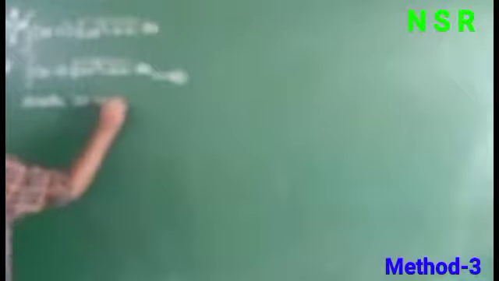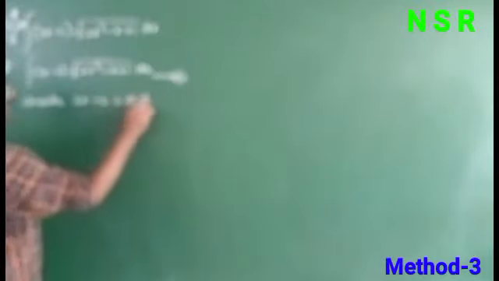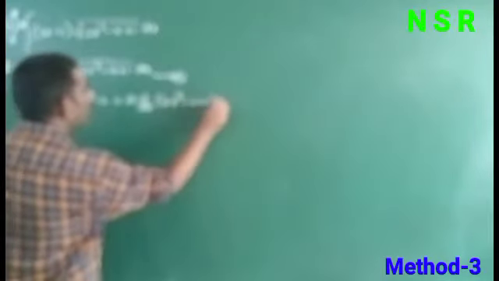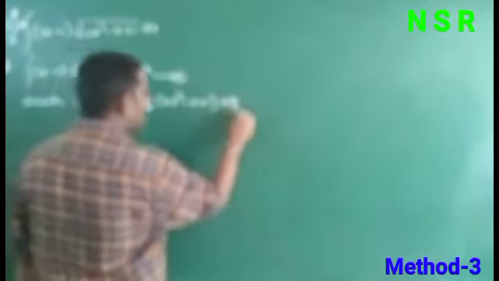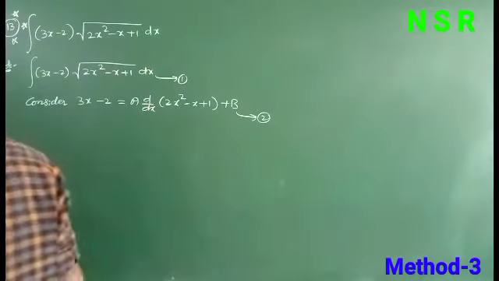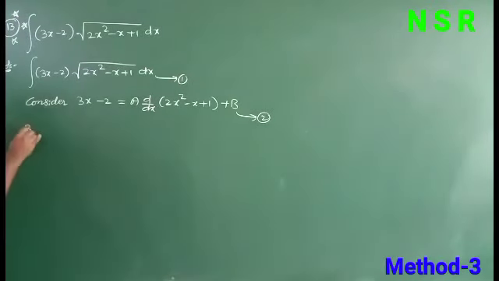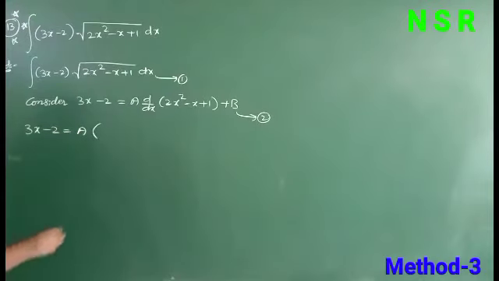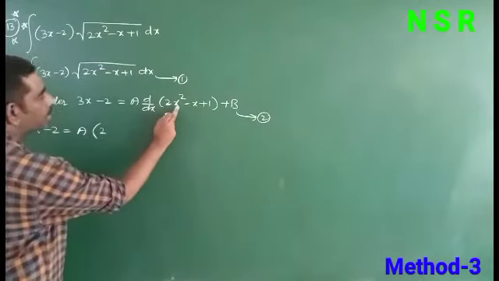Next consider 3x minus 2 equal to a into d by dx of 2x square minus x plus 1 plus b. Take it as equation number 2. Now simplify: 3x minus 2 equal to a into d by dx of 2x square minus x plus 1 plus b.